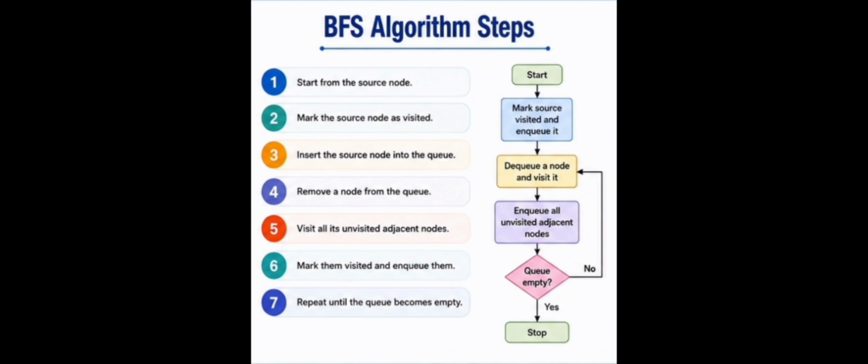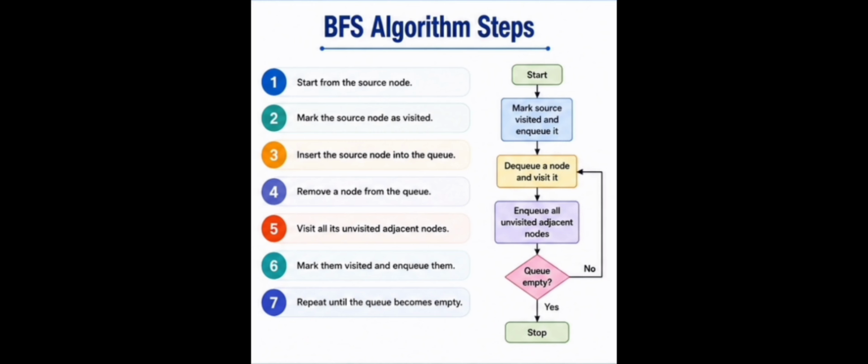Next, we will talk about BFS algorithm steps. It follows some steps. The first one is to start from the source node. First of all, it will start from the source node. Then it will mark the source node as visited. It can use any symbol markings so that we can understand that we have visited that node.